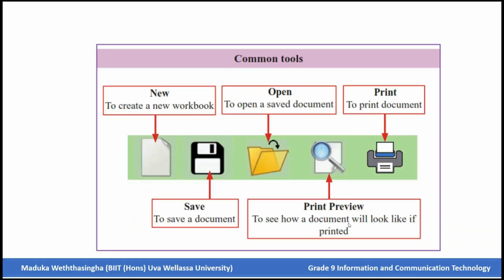Let's discuss the common tools available in Microsoft Excel. Not only Microsoft Excel, in many applications and softwares we can see these common tools. First one, New. Why do we use it? We use it to open a new workbook.